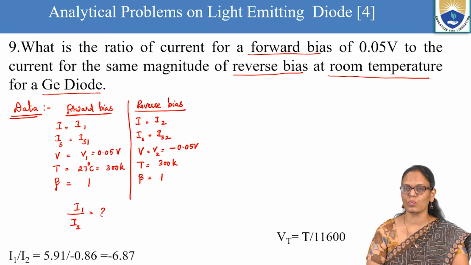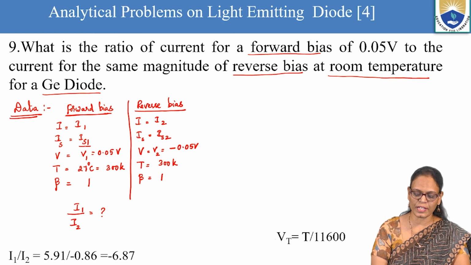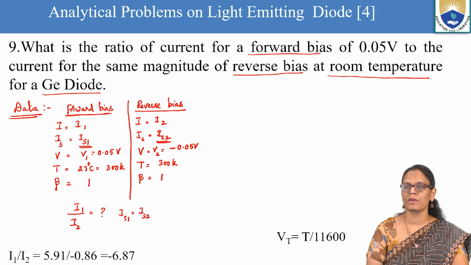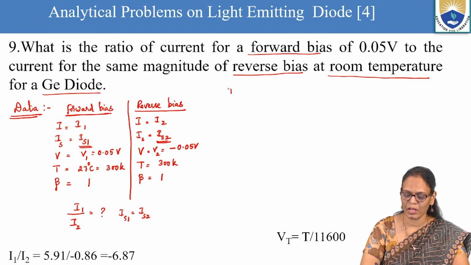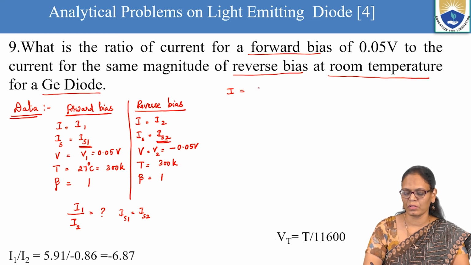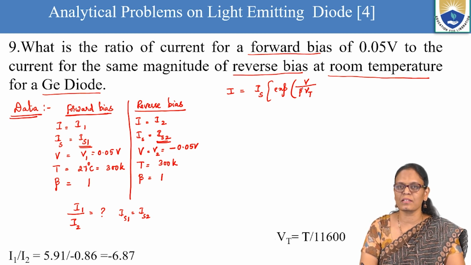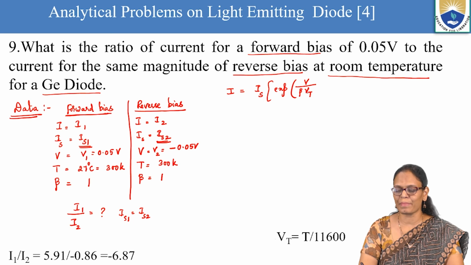I1 by I2 is equal to what? And one more thing we have to understand is IS1 will be equal to IS2. So let us write the formula. We will write it in terms of Vt: I is equal to Is into exponential V by beta Vt minus 1, because we have seen Vt is equal to kT by E. Just now we have done the numerical based on this formula.